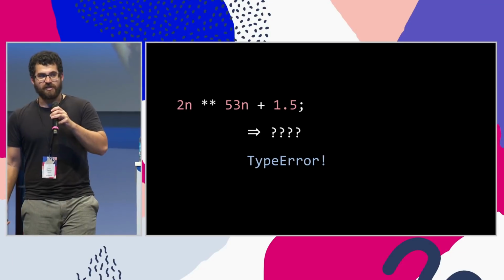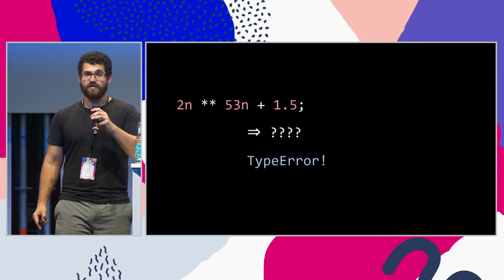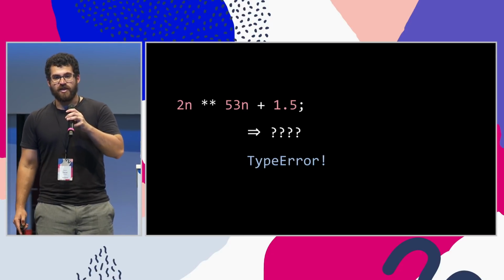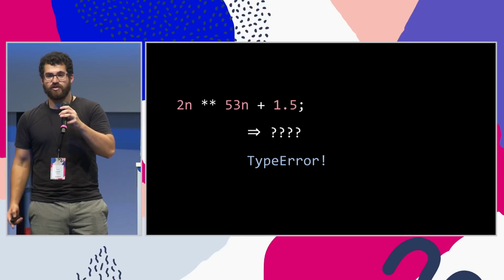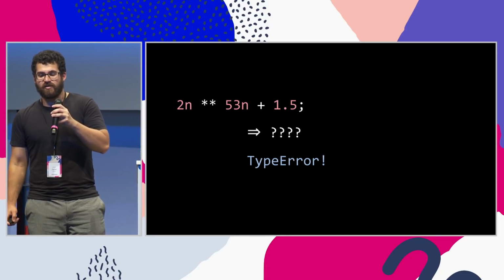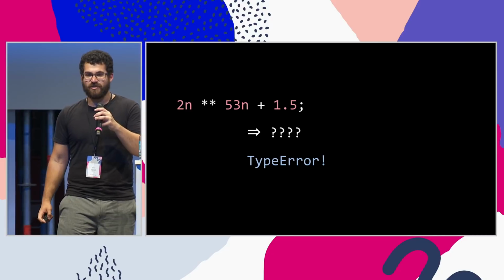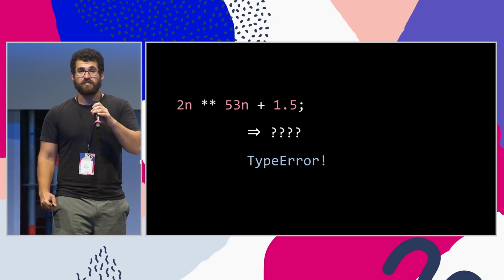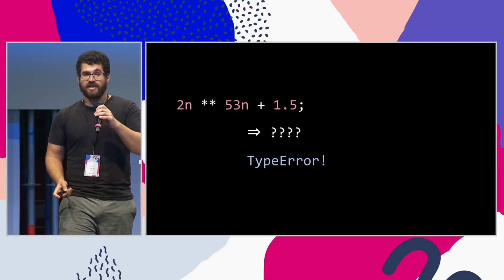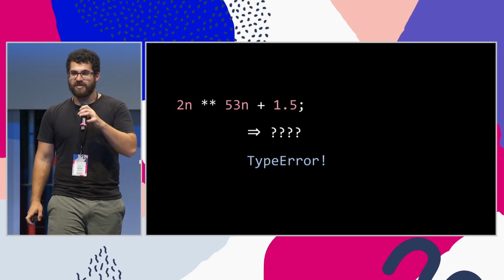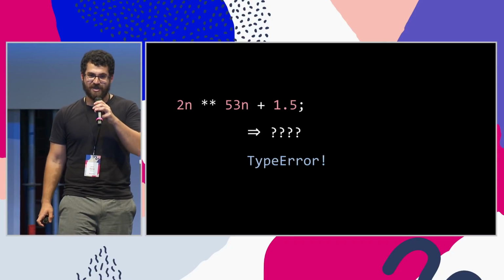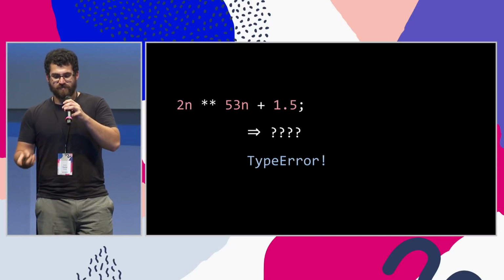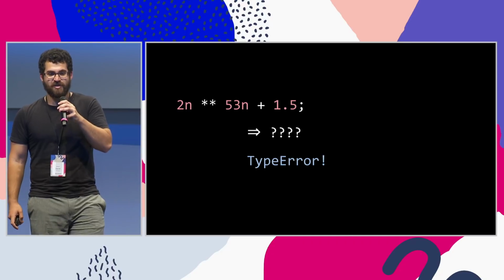The other big semantic point that we discussed was what to do with mixed types. In a language like Python, you can just add a large integer and a float, and you get a float back. What we decided for JavaScript is we don't actually want to do that. The whole point of BigInt is to be this new data type that provides mathematical accuracy. You don't have to think about all the complexity of IEEE 754. You can just think about integers.